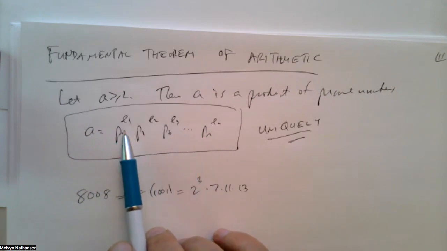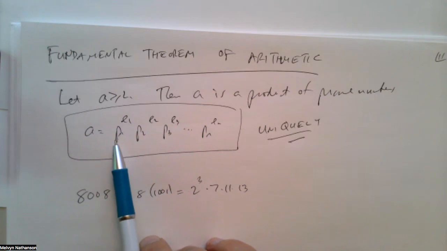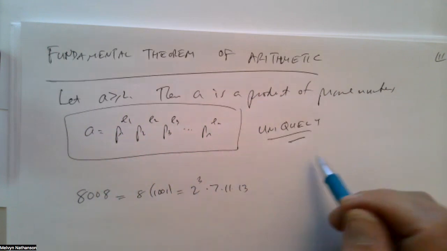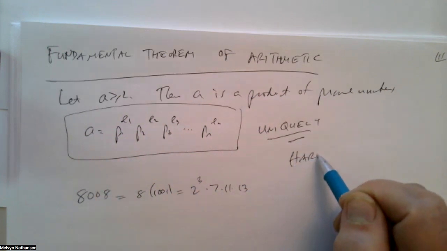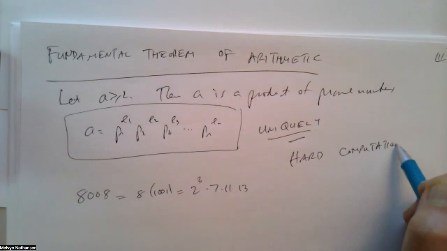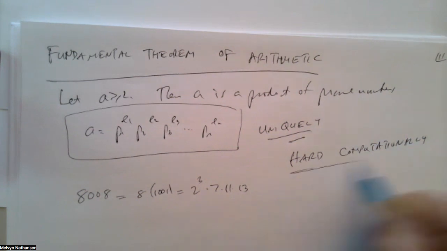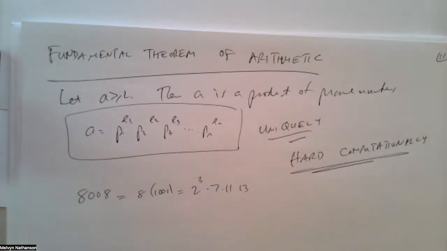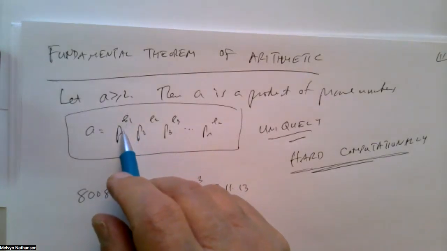It's actually extremely difficult to do, so this is hard computationally. And this exponent we call the order.